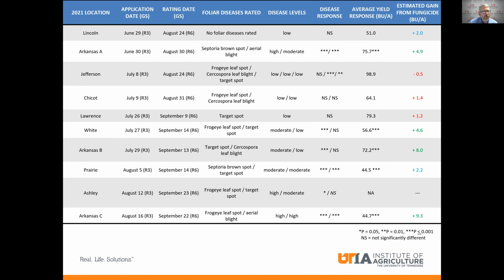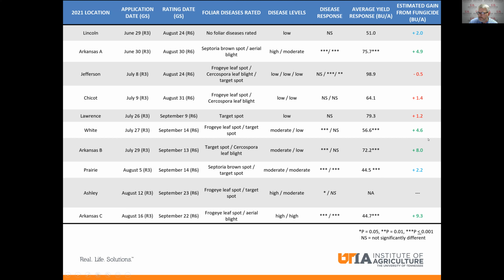So in 2021, essentially the same presentation here, different locations, but the trend was the same. We had Septoria brown spot early in the season, a lot of Septoria in this trial in Arkansas County, about a 5 bushel difference.